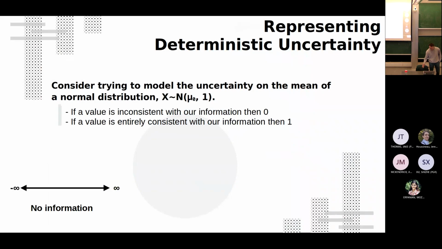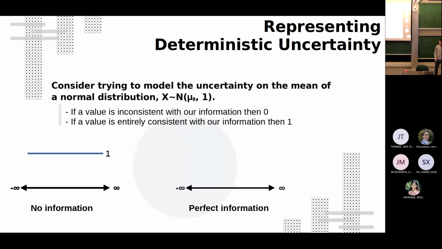If you have no information, according to our rules, every value is entirely consistent with our information because we have none. So everywhere gets assigned credibility 1. In the case where we have perfect information, say I tell you that the mean's 0, then 0 is entirely consistent with our information, but every other value is inconsistent with our information, so it gets credibility 0. So the function will look like that.